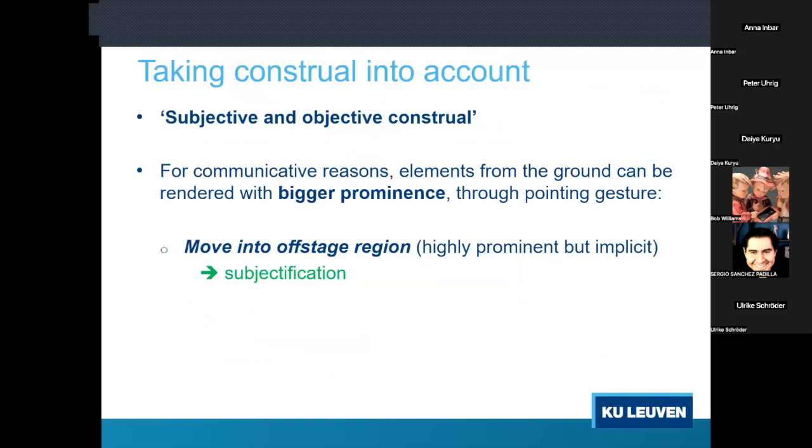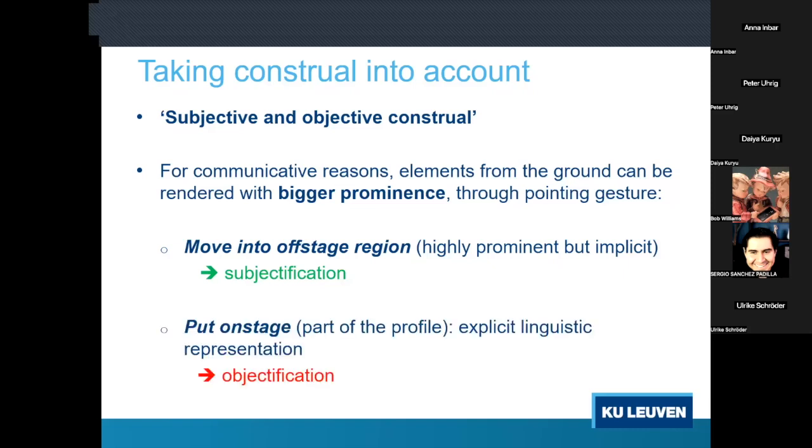He's not explicitly stating the agent, but everybody knows who is meant. And this is the subtle difference between subjectification, where everybody knows who is meant, but it's still implicit on the one hand, and on the other hand, if you objectify something, you explicitly state linguistically which elements of the ground are being used.